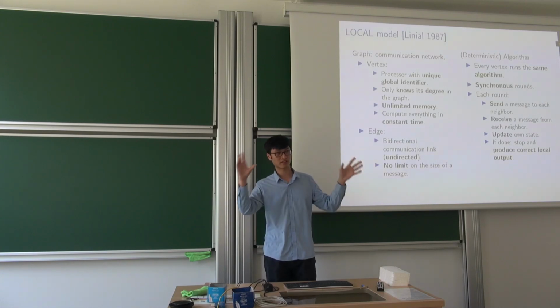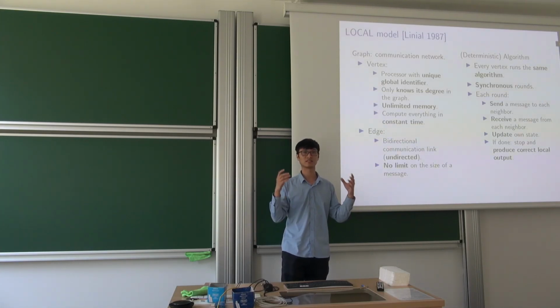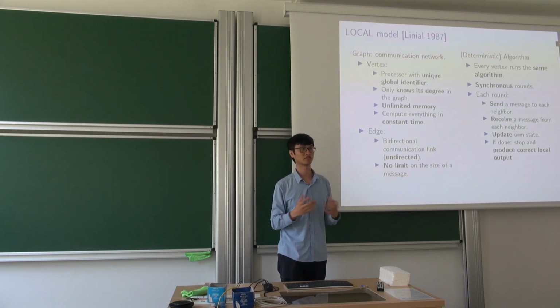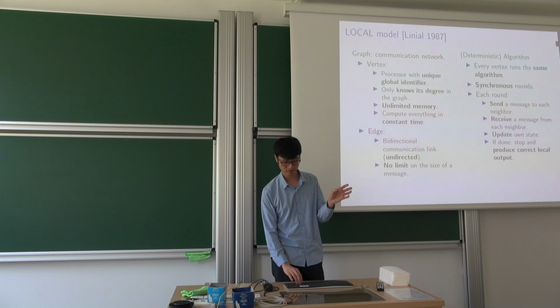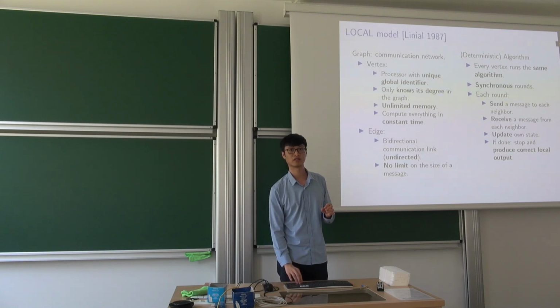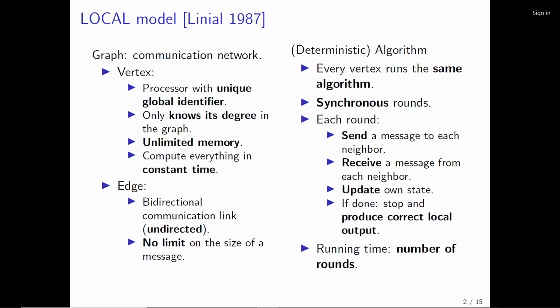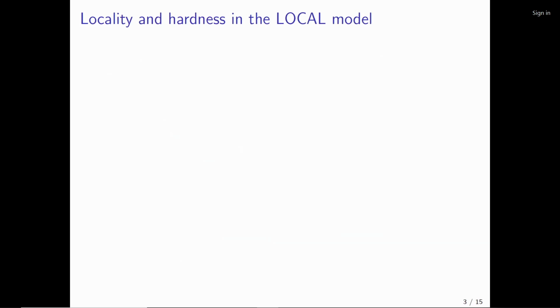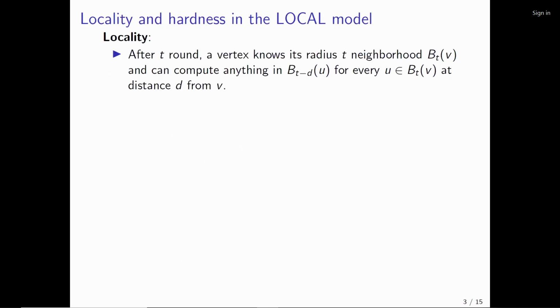Right, so I know this is a lot of information to take in if you don't know this model before. So maybe let us get another perspective on the local model and algorithms on the local model. All right, so of course the complexity we care about in this case is communication complexity, which is the number of rounds. So in the local model, there's a certain insistence on locality, right?